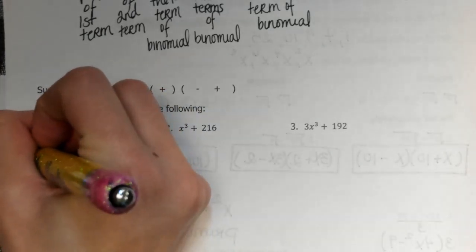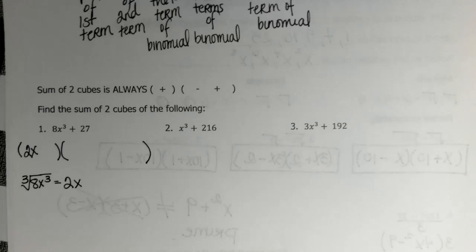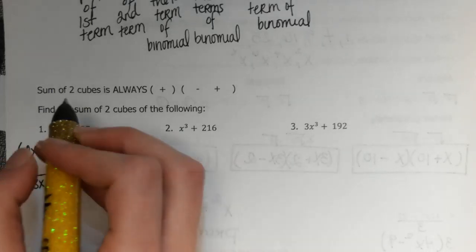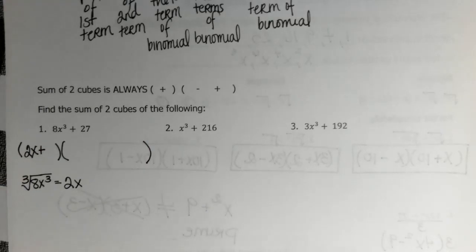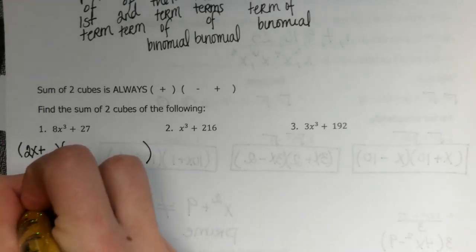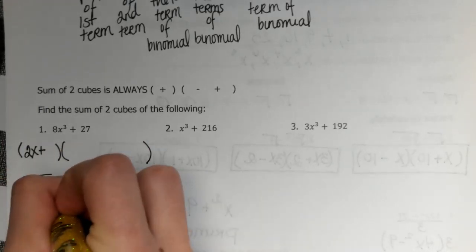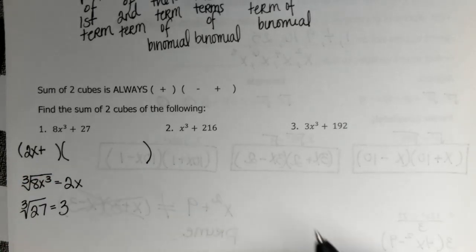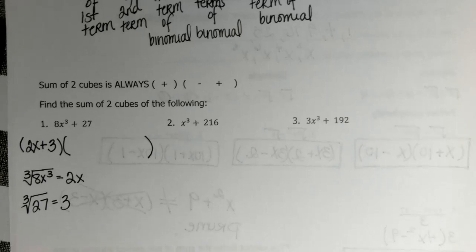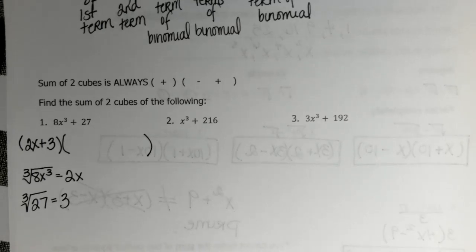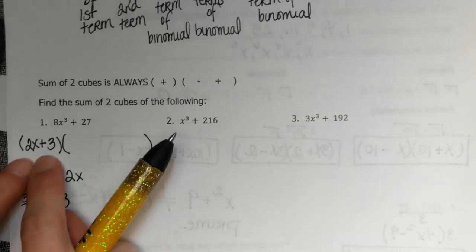So my first term of my binomial is 2x. I started with the plus, so I bring the plus down. And then what's the cube root of 27? 3. So 2x plus 3 is my binomial. All I did, cube root, first and second term, there it is.